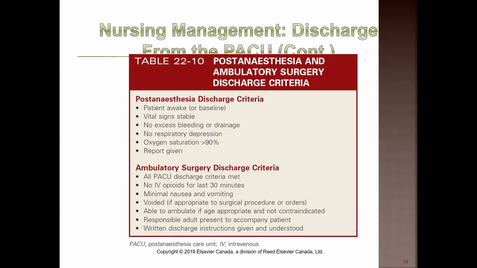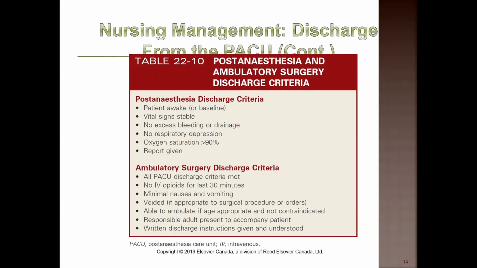We're not going to send somebody out the door with a K-basin in their hand, although sometimes, I'm so sorry, you do see that. Minimal nausea and vomiting is an important criterion for discharge with ambulatory surgery. We want to make sure that they have voided, so they've been able to void. One of the complications post-op is that anesthesia can actually impact our ability to void.